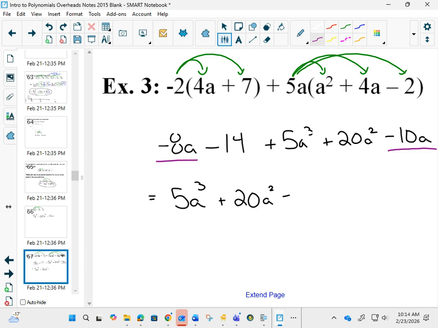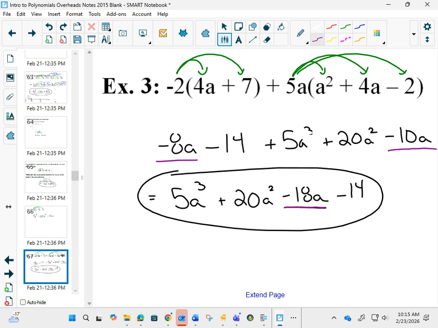You would get negative 18a. And then finally the 14. No more like terms. Circle that as my final answer. So putting the like terms together and getting the minus 18a was mark number 3.